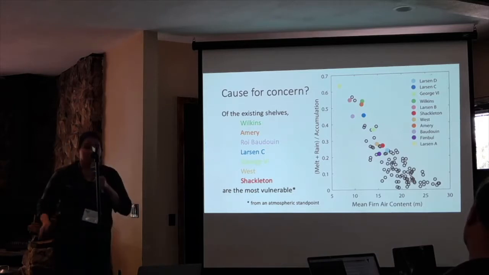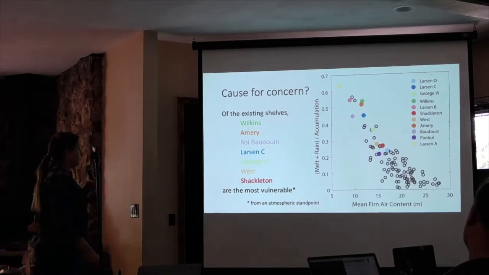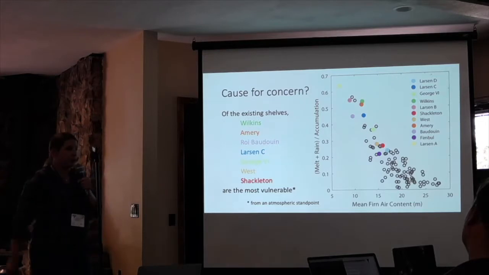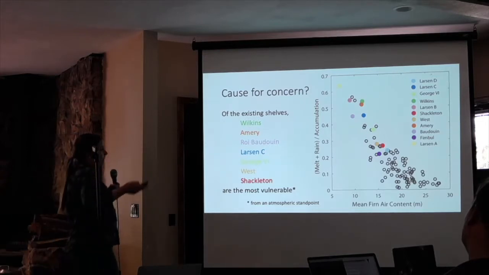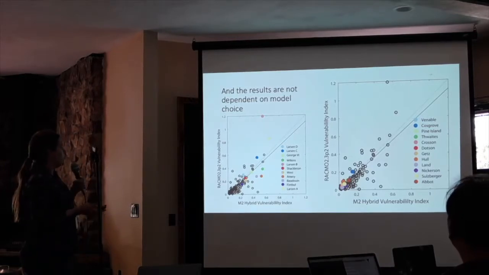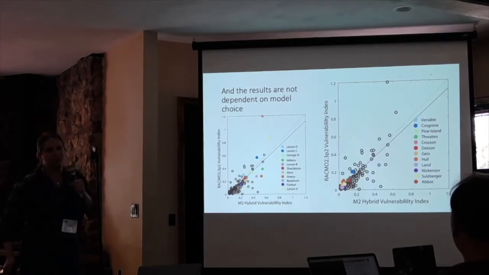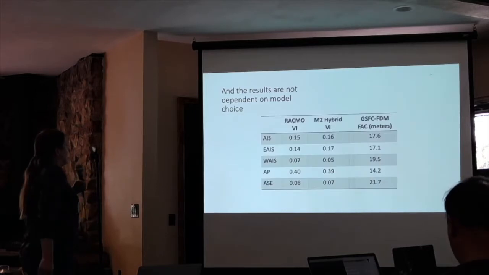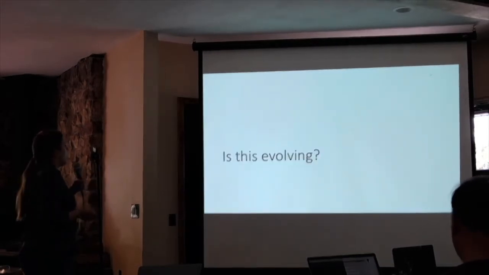And there are lots of East Antarctic ones as well. West Antarctica is really this sort of place where we get so much snowfall and so little melt that there's a lot of pore space. And this is just comparing the two models, MERRA-2 and RACMO, just to show you the results don't change. So, this is boring.